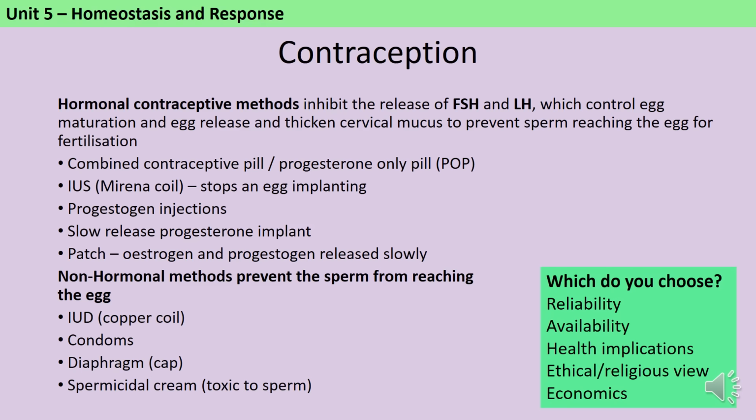In choosing a method of contraception, you need to consider the reliability, so how likely are you to get pregnant, the availability, would you be able to get that method of contraception when you wanted it, any health implications. For instance, estrogen-based methods increase the risk of blood clots, and therefore if you already have a clotting disorder, a doctor may be unwilling to prescribe you an estrogen-based method of contraception. Any ethical or religious views, and finally the economics. How expensive is that method of contraception?